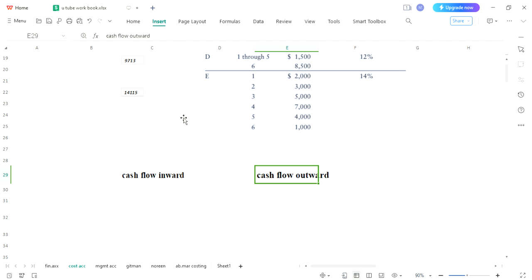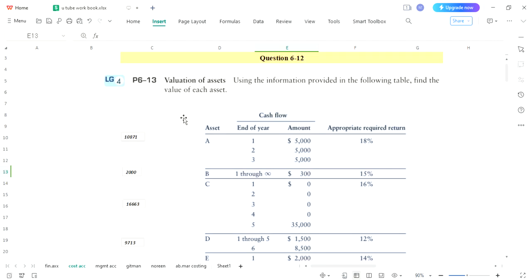The second thing which we have learned in the previous question was to look at the volume of flow or sequence of flow. In this first category, all of the cash flows have the same amount: first year 5,000, second year 5,000, third year 5,000.